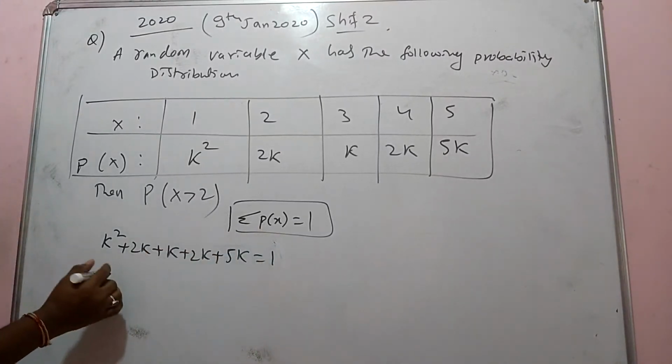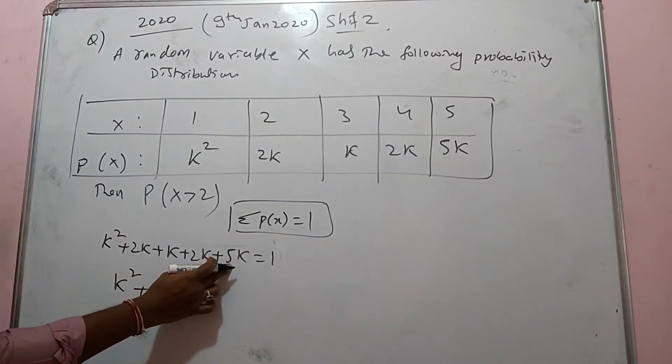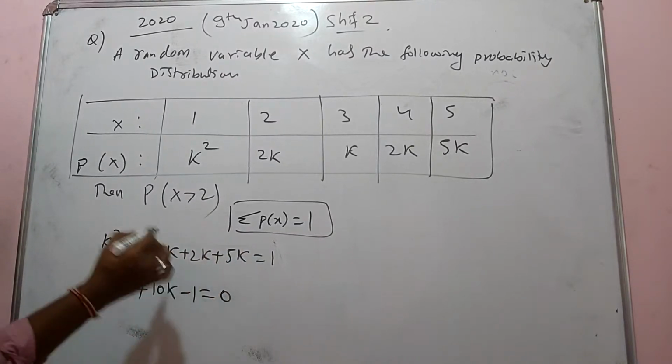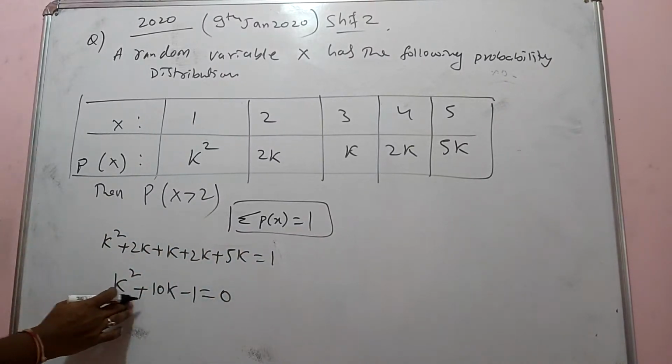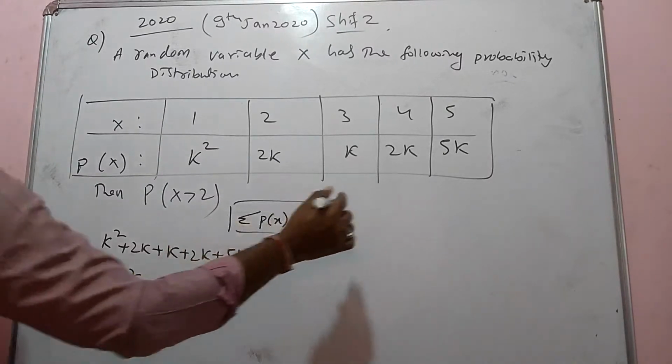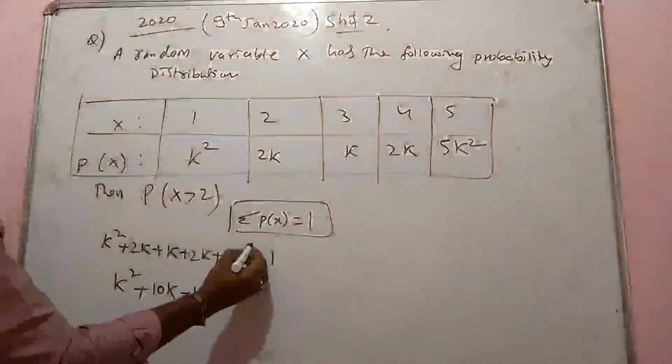Now if we simplify, 2k plus k plus 2k plus 5k is 10k.